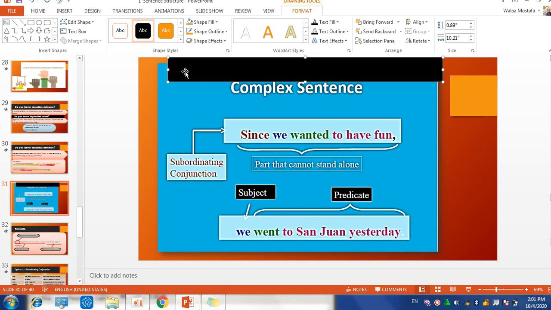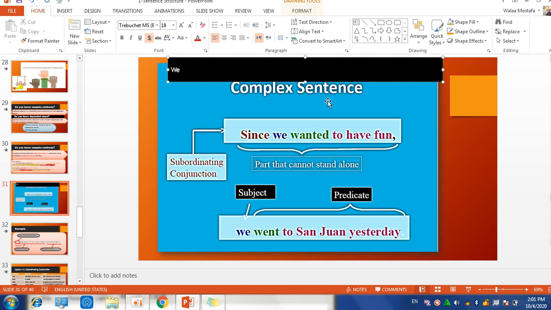Okay. Suppose that I decided to start with the independent clause. It will go like this. We went to San Juan yesterday since we wanted to have fun.